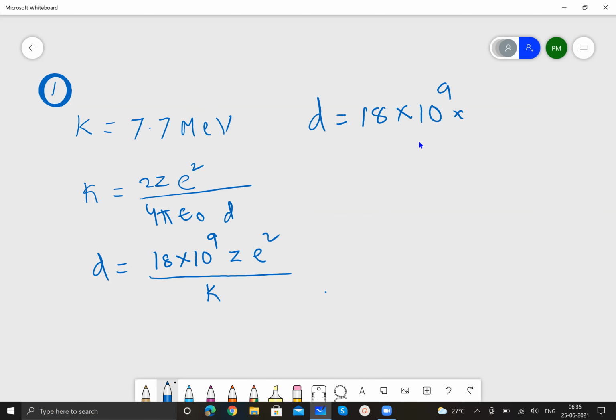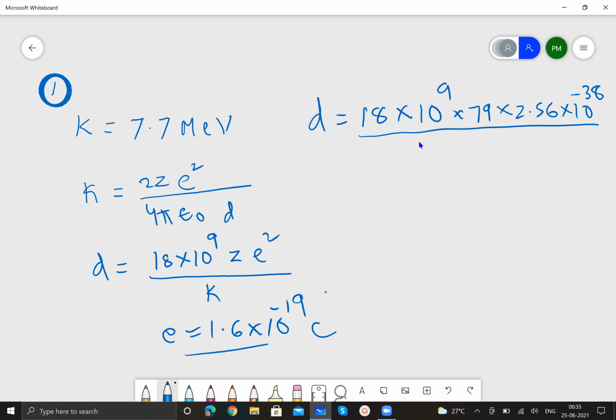Z for gold is 79, remember it. E square is 2.56 into 10 to the power of minus 38, because electronic charge is 1.6 into 10 to the power of minus 19 coulombs.